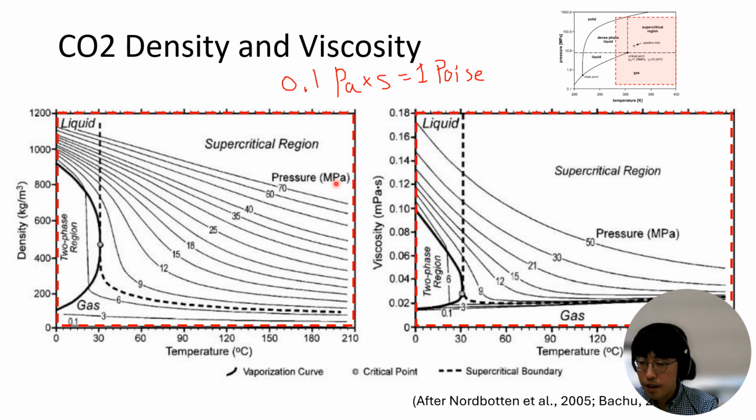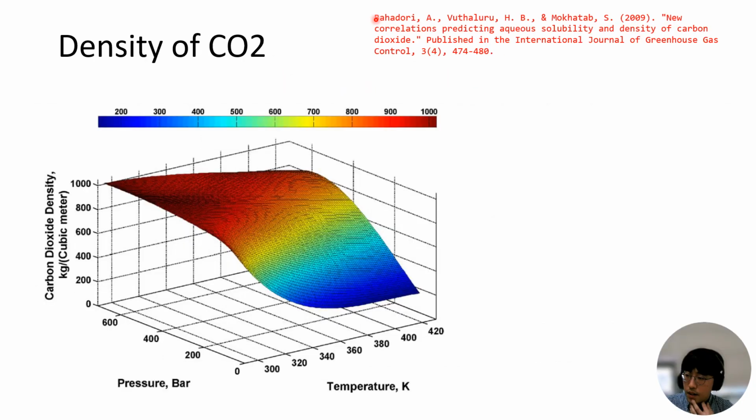These two figures are from these two papers. And we can actually run several experiments to get the density and viscosity relationship with temperature and pressure. And that's what we have in the next slide. In this paper, the author visualized the density changes of the CO2 with changing pressure and temperature.